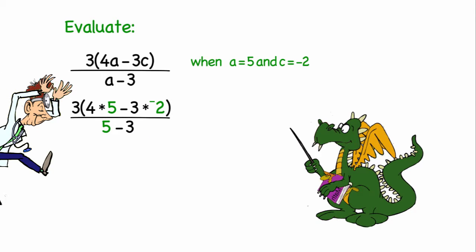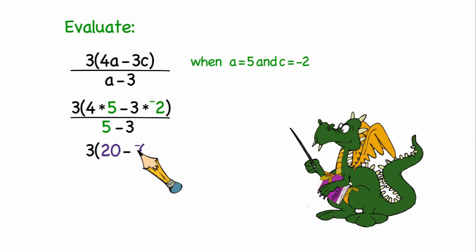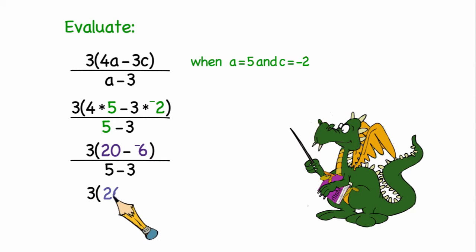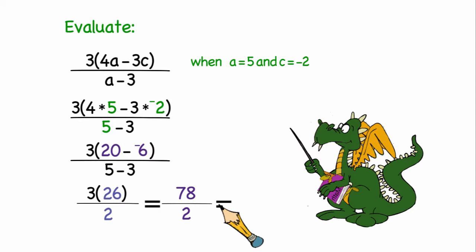Since there's both multiplication and subtraction, we will, of course, multiply what's in the parentheses first. So that would give us 3 times 20 minus negative 6, over 5 minus 3, or 3 times 26, which is 78, over 2. 78 divided by 2 is 39.